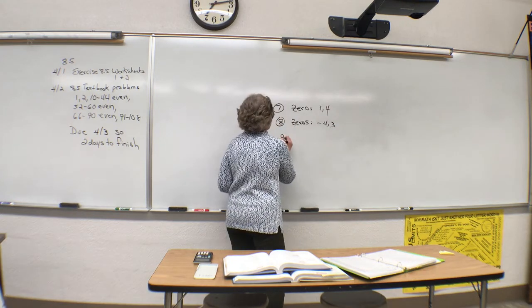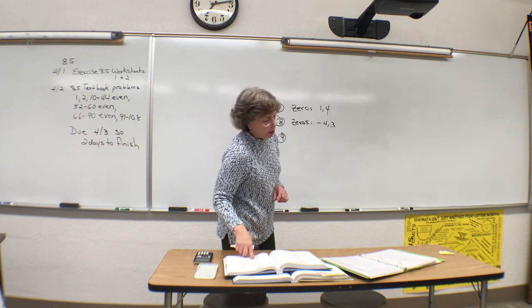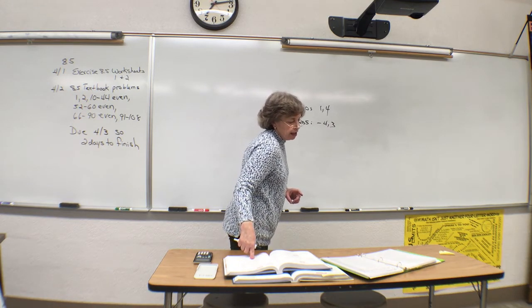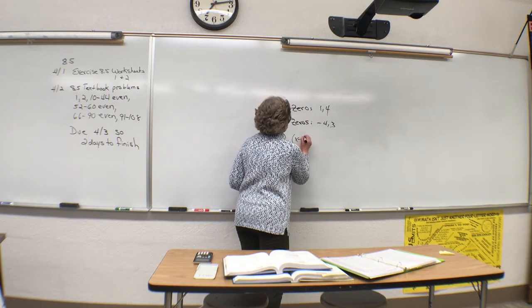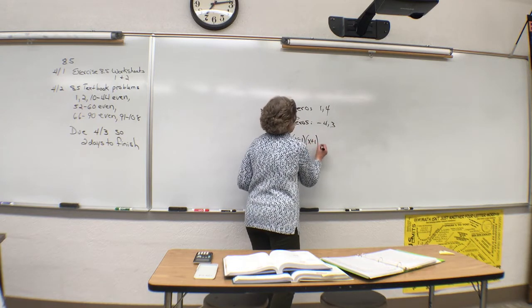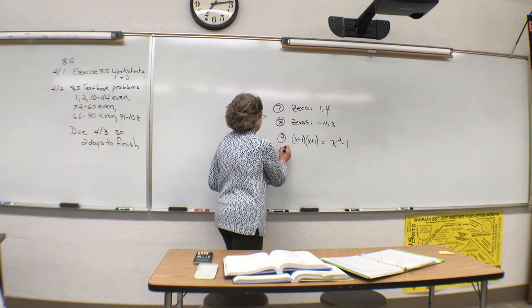And for 9, you would have a quadratic equation that satisfied those points. Should be x minus 1 times x plus 1, and we know that looks like x squared minus 1 without even doing any work.